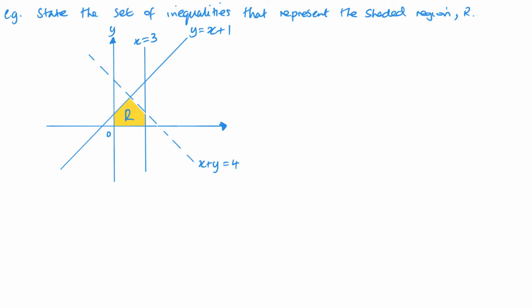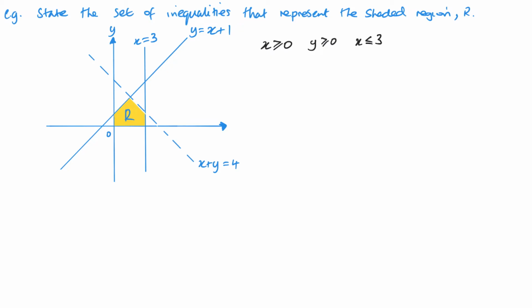So we can say for sure that x is greater than or equal to 0, and y is also greater than or equal to 0. That is just my y-axis and my x-axis there. The x-axis is y equals 0 and above. Now I've also got another vertical line, which is x equals 3. We want less than or equal to that, so x is less than or equal to 3.